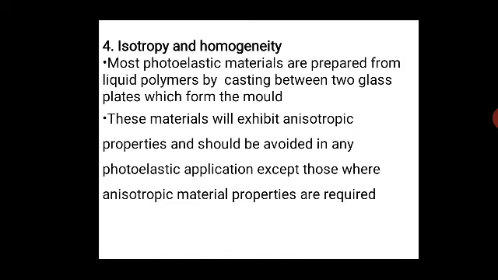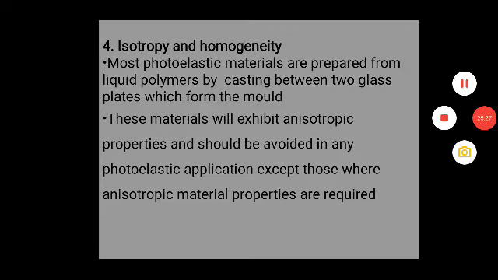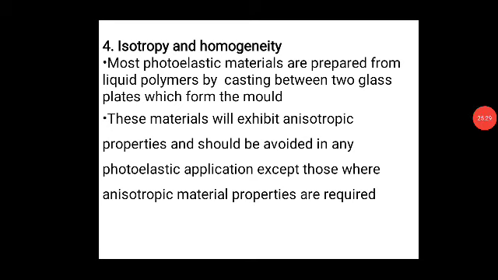And the fourth one is isotropy and homogeneity. Most of the photoelastic materials are prepared from liquid polymers by casting, that is a process of casting between the two glass plates which form the model.